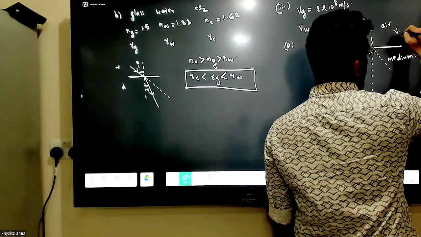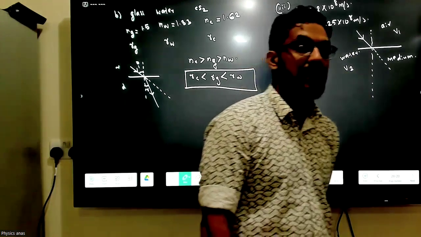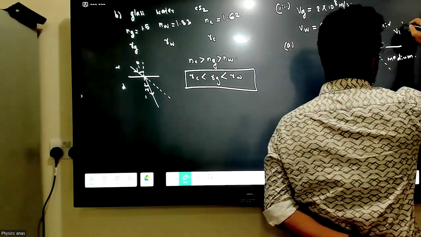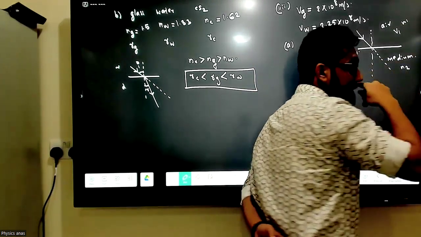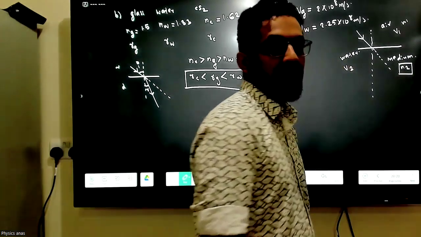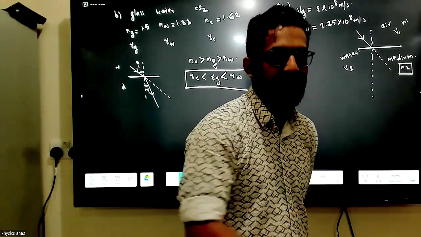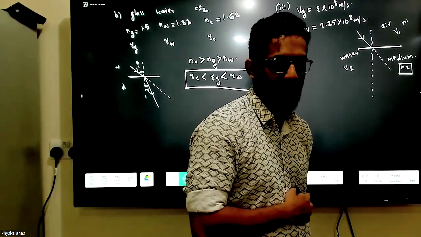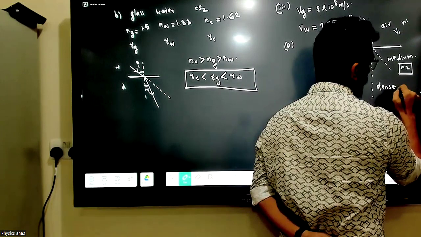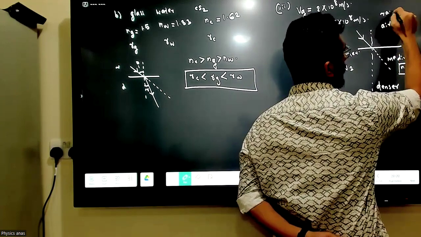Velocity of light in air is v1, in water is v2. Which is denser? Water. So if air is N1 and water is N2, N2 will be greater. If refractive index is high, speed will be low, and that will be the denser medium. If refractive index is low, that will be the rarer medium.